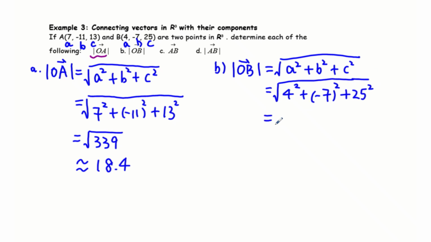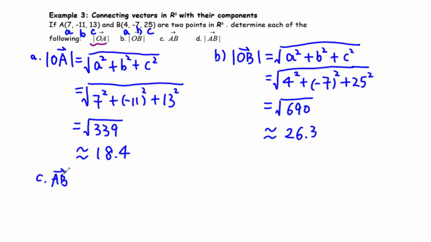Then we have the square root of 690, then round it. And how many decimal places are you going to keep? Just see what the question is asking you to keep. Otherwise, if the given information has no decimals, you could just round it to no decimal places, but I just keep one more than the given information. Okay, so question C, AB. So this is a tricky question. We didn't see such a question before.